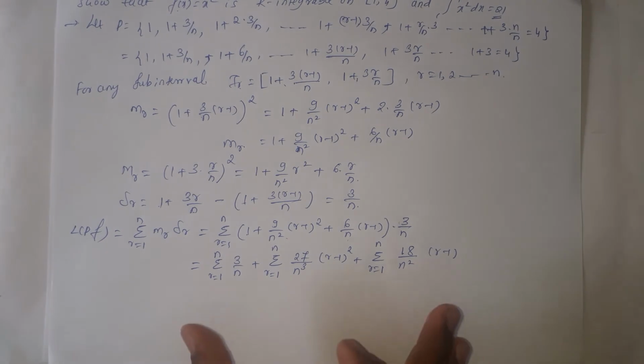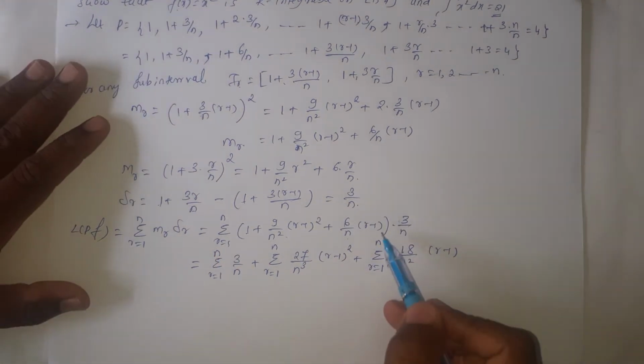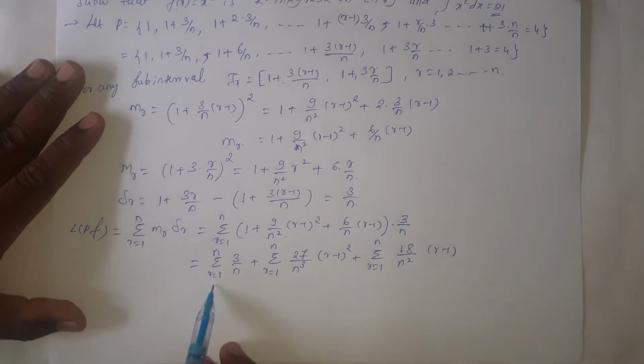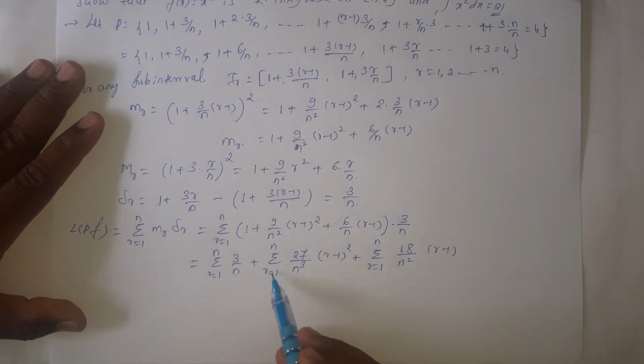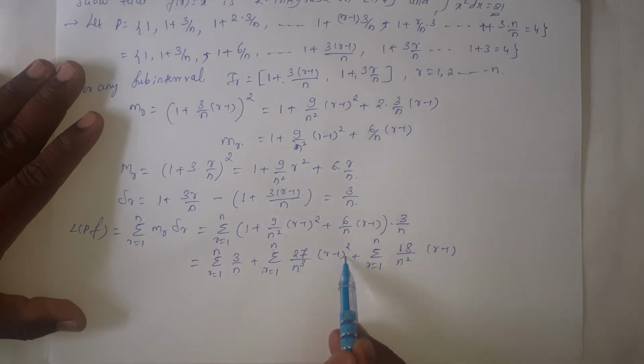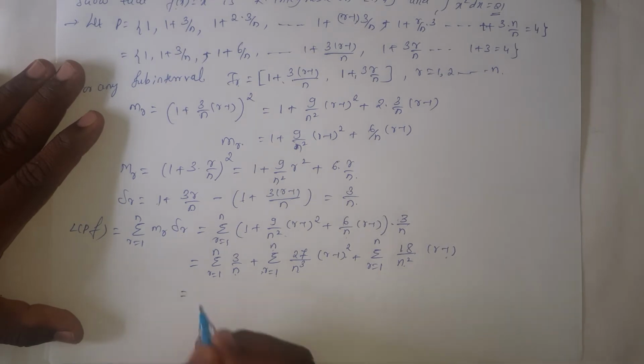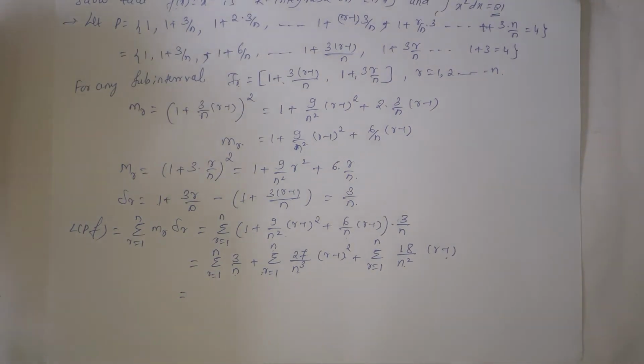So therefore this is the simplified form of the previous step, that is the summation over R is equal to 1 to n of 3 by n, then summation over R is equal to 1 to n of 27 by n cube (R minus 1) whole square, and here 18 by n square into (R minus 1). Now we can take the terms which are independent of R out of the summation.